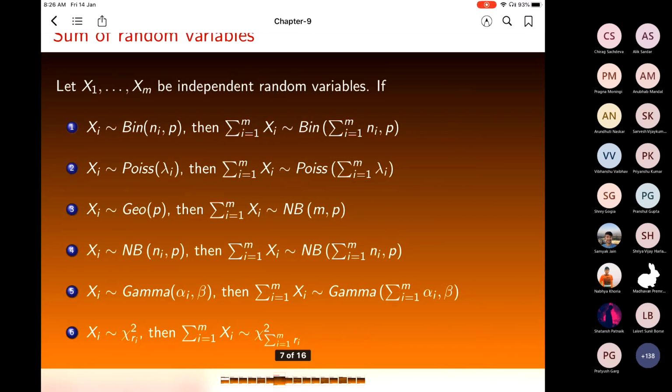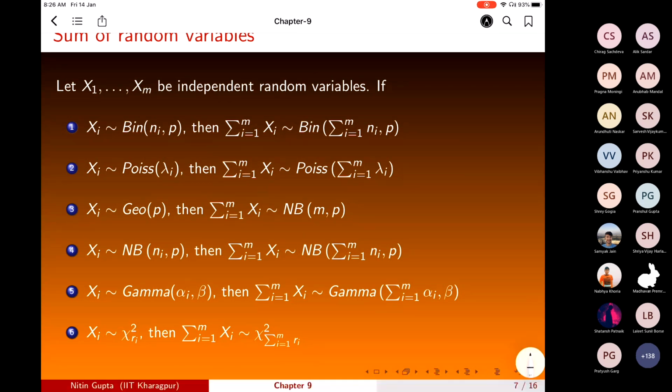Now using this concept we can give some proofs. For example, if x1, x2, ..., xm are independent random variables, and if the xi's are binomial ni comma p, then their summation is binomial with the sum of ni, i from 1 to m, comma p. So let me give the proof of the first one.